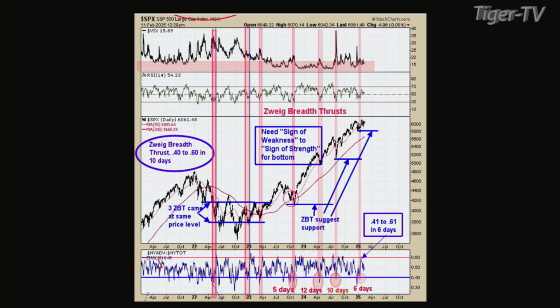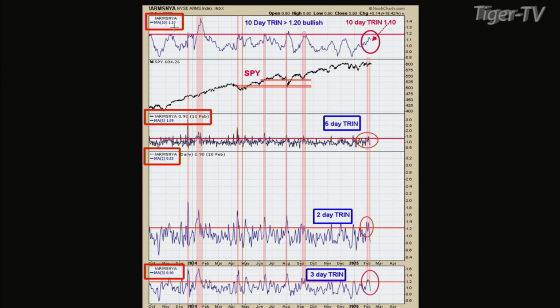So we have support around, eyeball, about 5,800, which is basically the recent lows of December and January. Supposedly this indicator only gets triggered in bull markets, so we'll see how that gels out in the coming months. But anyhow, that's bullish.